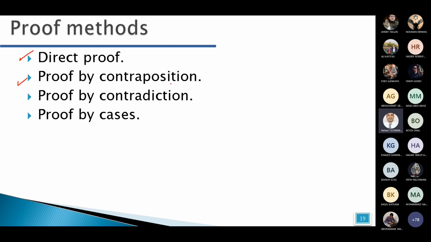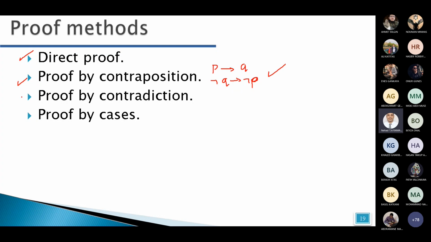You remember the contraposition, when we said if we give you P implies Q, you can write it as not Q implies not P. This is a contraposition. We can prove using this contraposition, okay?